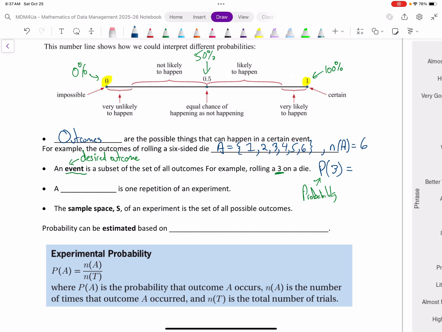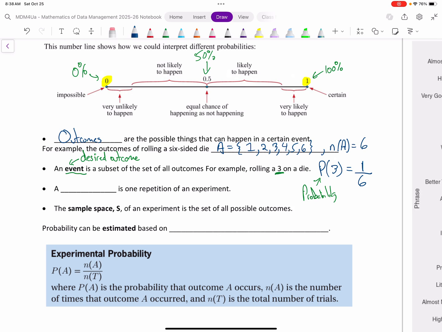And obviously I would just simply take the number of ways that 3 can happen, which is really easy in this situation because there's just one way it can happen. And I'm going to take it out of the total number of all my possible outcomes, which is 6 in this situation. And so that's an example of what's called theoretical probability, because I can actually just look at the number of outcomes and just count them and figure it out.